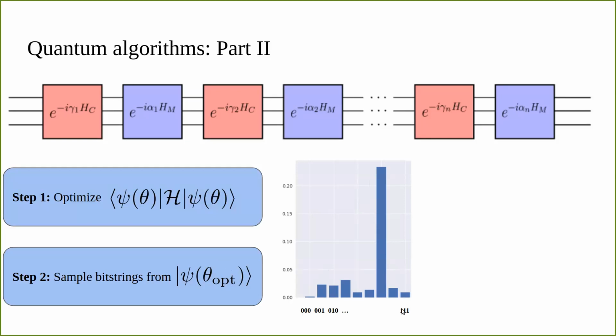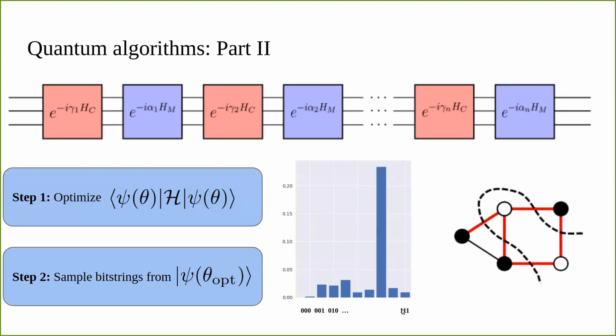And what do the bits mean? Again, in the formulation of the problem, 0 would correspond to one class of nodes, for example, the white ones here, and then 1 would correspond to the other class of nodes, for example, this one here.